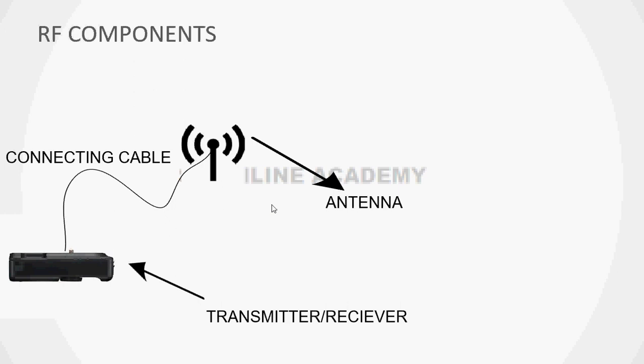But when it is connected at the receiver, the antenna receives the signal, takes the RF waves that it receives through the air and directs these signals to the receiver. When it is forwarded to the receiver, the receiver demodulates and decodes the signal and fetches the data from it.